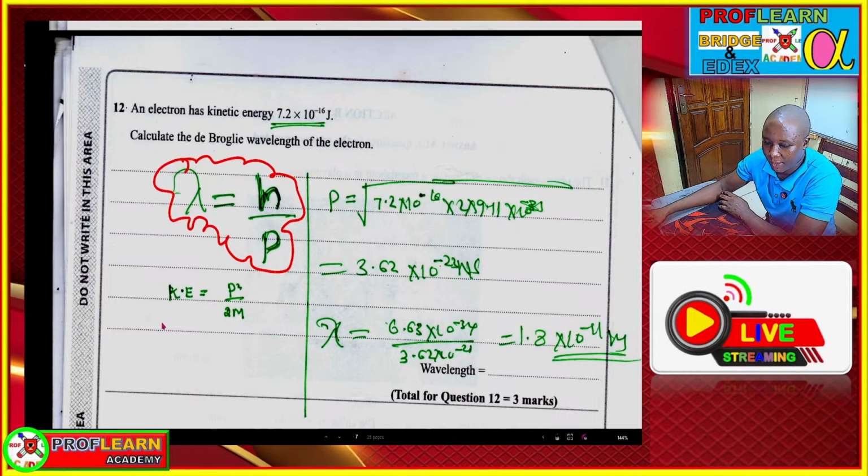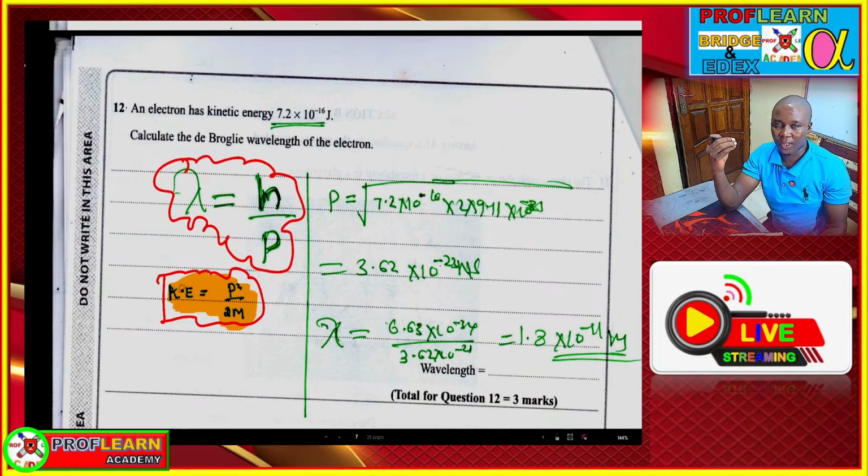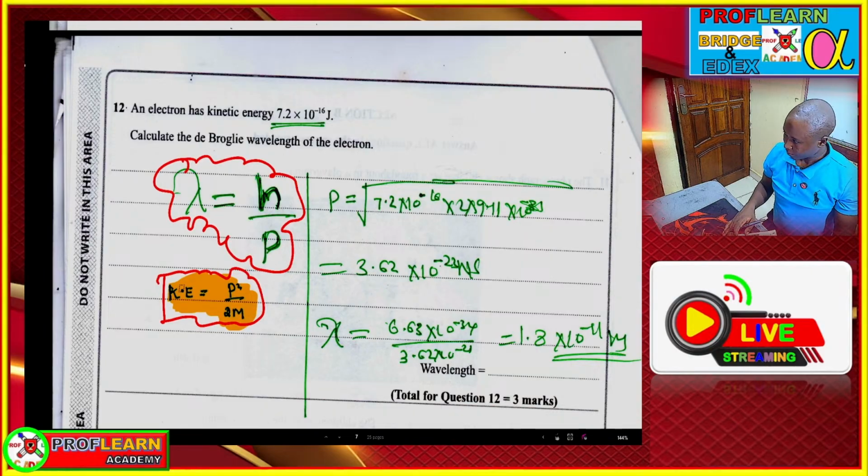But momentum squared over 2m is equal to the kinetic energy. So meaning from the kinetic energy, we can get momentum. So these are the kind of formulas that you have to know. Because if you have the mass of an object and you have the kinetic energy, you can find the momentum of that particular object.